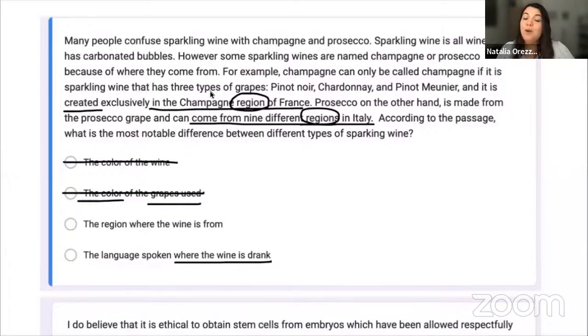So not where the wine is created, but where it's actually drunk, right? Like where it's consumed. Does it say anything about where the wine is consumed or where the wine is drank? So it does not. That eliminates this answer choice for us. So the only answer choice that doesn't have a problem with it is C, the region where the wine is from.